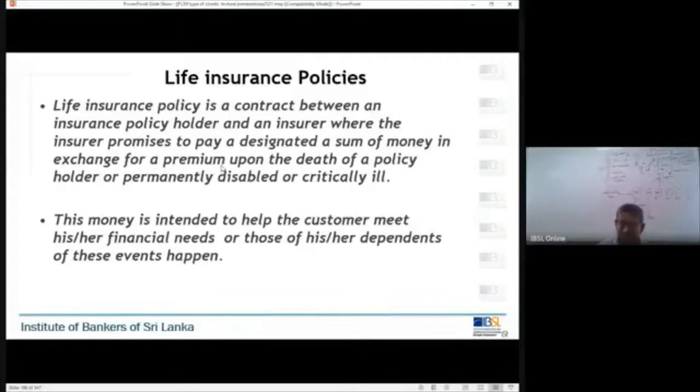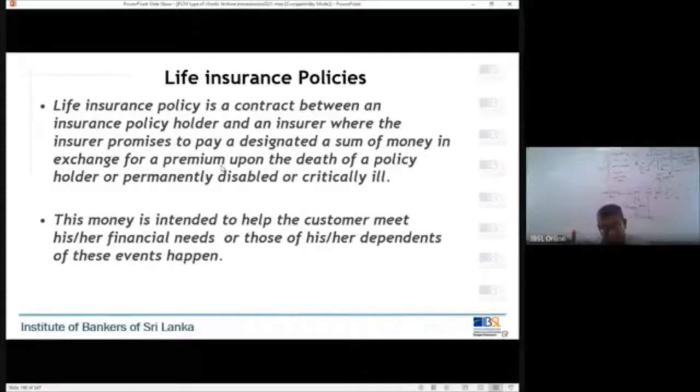The insurer promises to pay a designated sum of money, meaning an agreed amount, in exchange for a premium. Premium is the money you pay regularly to the insurer.